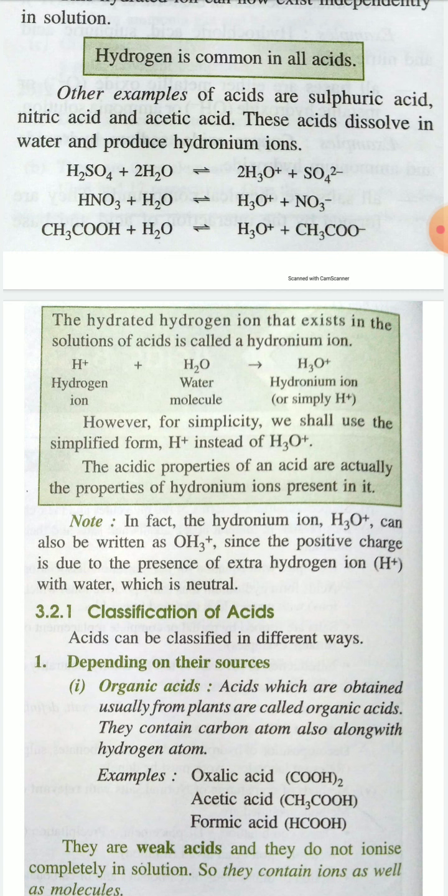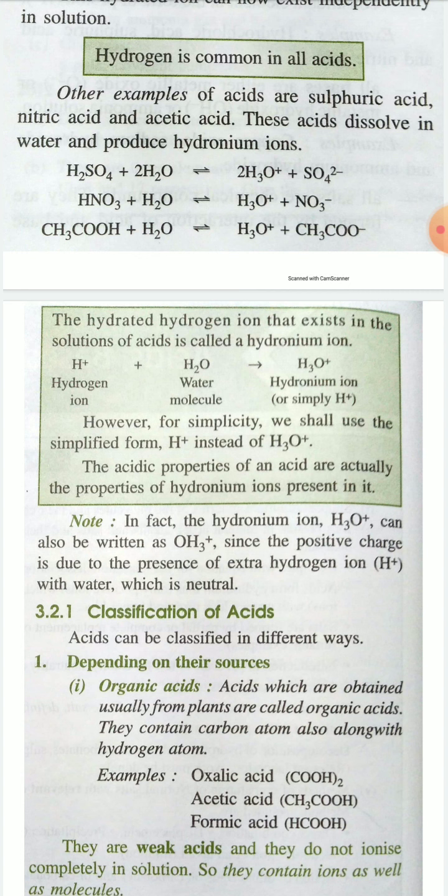However, for simplicity, we shall use the simplified form H plus instead of H3O plus. Generally, acid produces H plus, which combines with the water molecule and forms H3O plus ion.